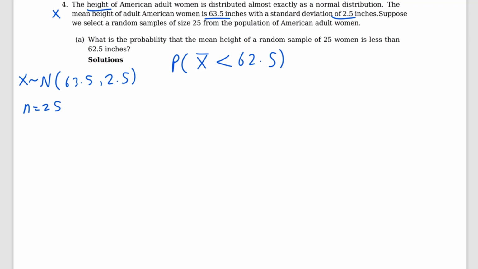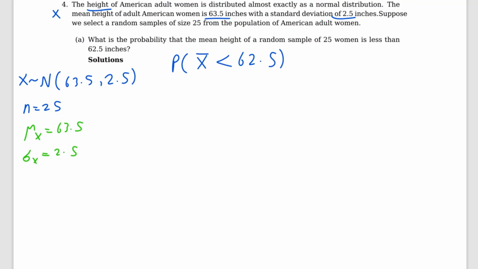Okay, now to do this one, we need to convert to the z value, right? Therefore, we need the distribution of x bar. Let me write down the distribution of x bar. We know x, mean of x equals 63.5, sigma of x equal 2.5.